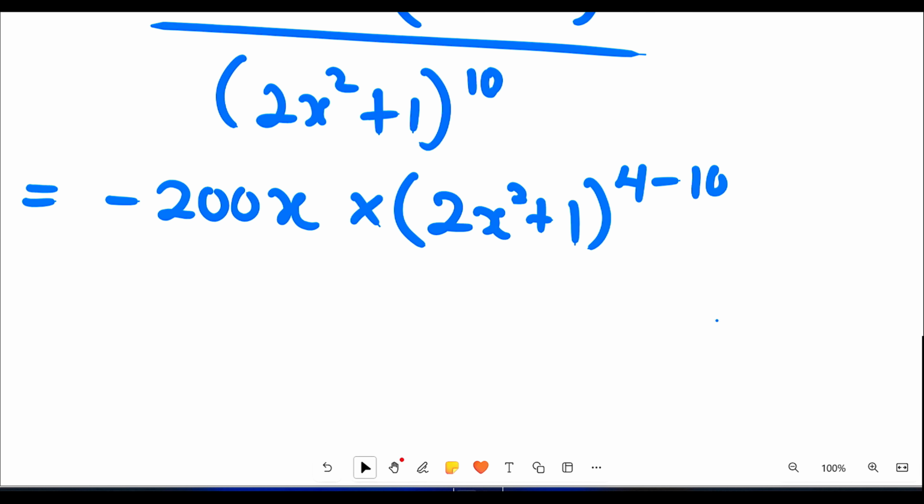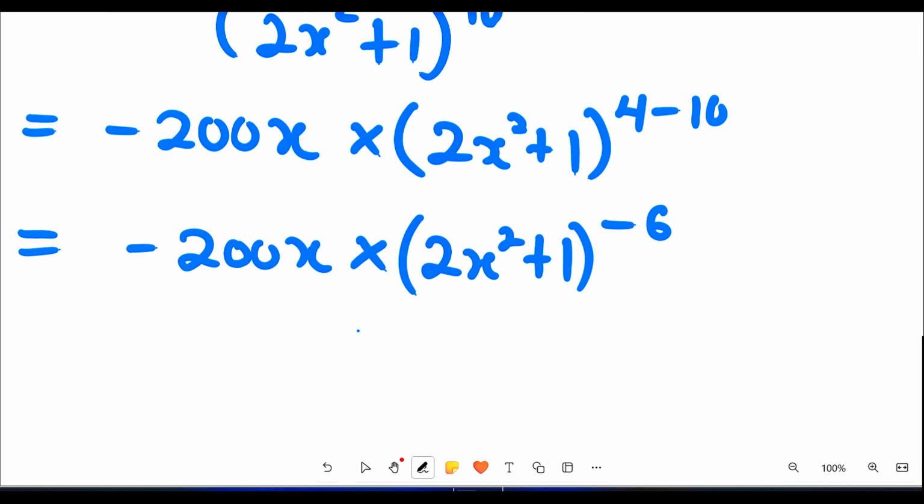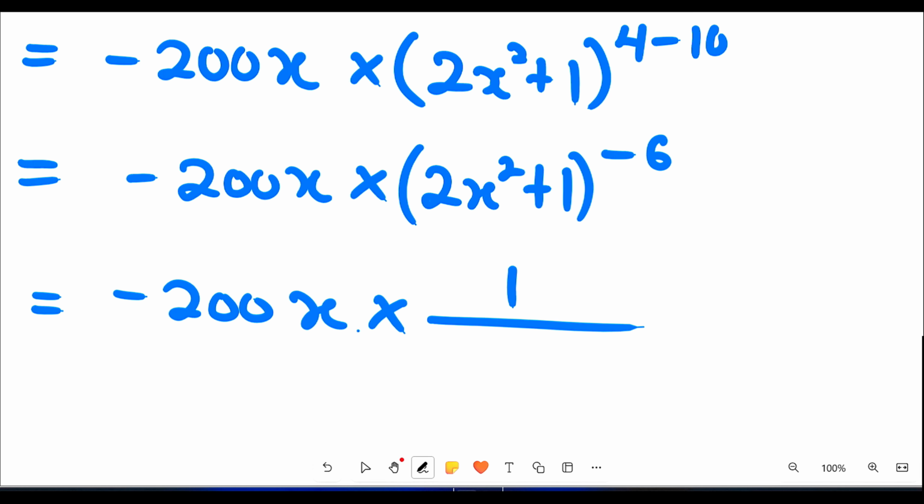All right. So this will give us negative 200x multiplying (2x squared plus 1) in bracket raised to the power negative 6. All right. So this becomes the answer, but you can rewrite it so that we get it as a fraction. So now our negative 200x multiplying 1 divided by, so I'm changing the power to positive.